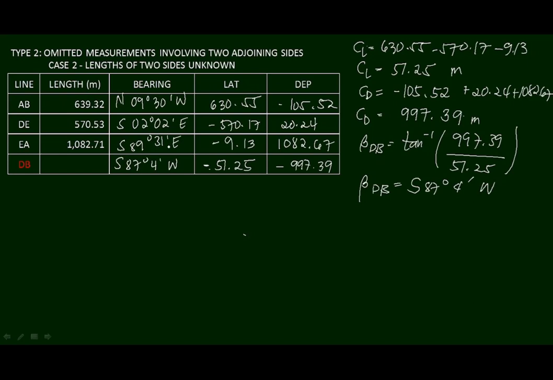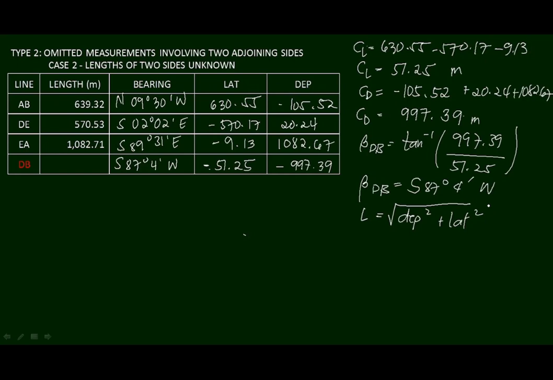For my length, again, length is simply equal to the square root of your departure squared plus latitude squared. So that is 997.39 squared plus 51.25 squared.